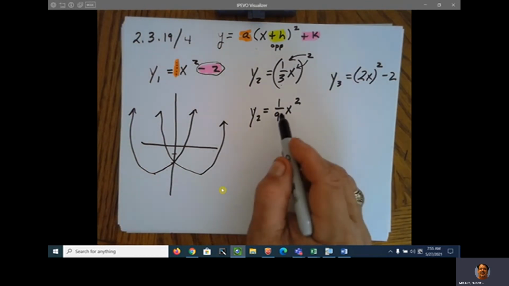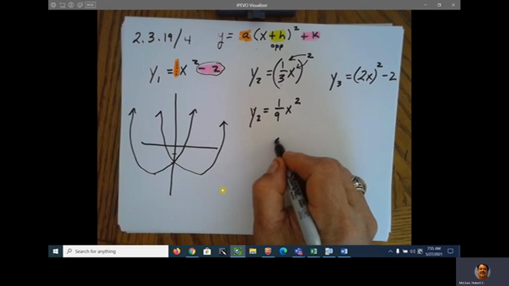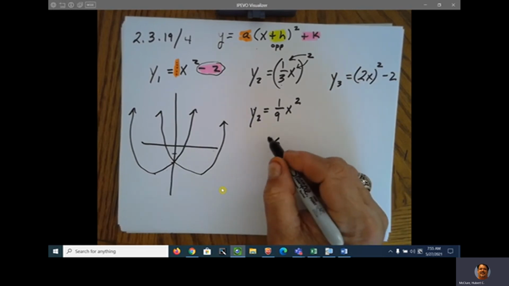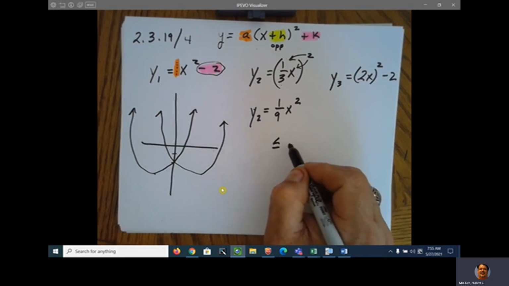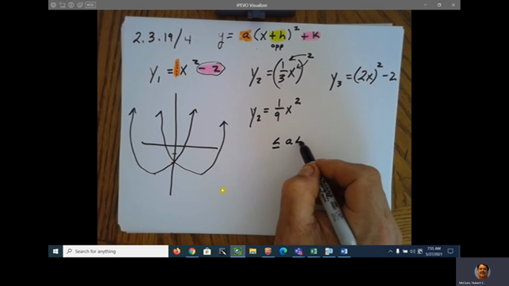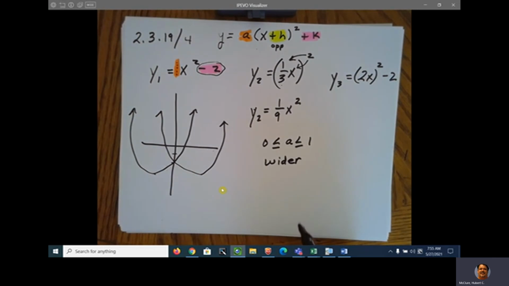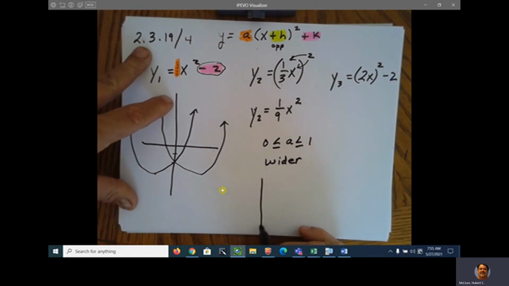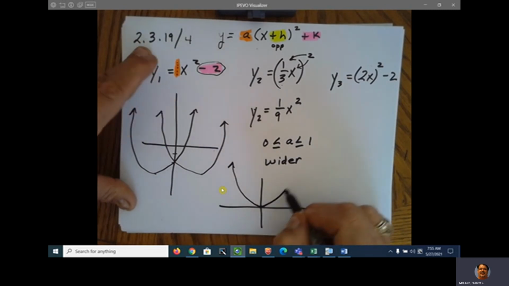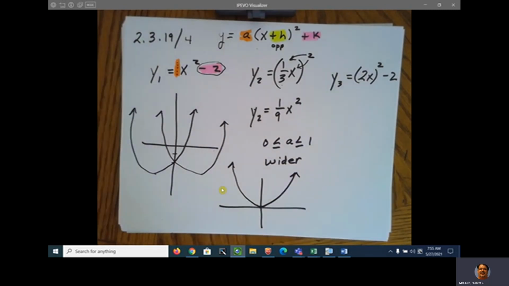But the 1/9 is between 0 and 1, as I told you in the videos, so therefore it's a wider parabola. So it looks like this, a little bit wider than the regular parabola.